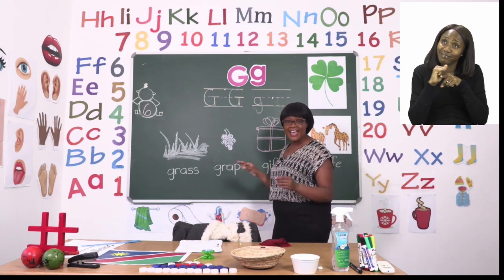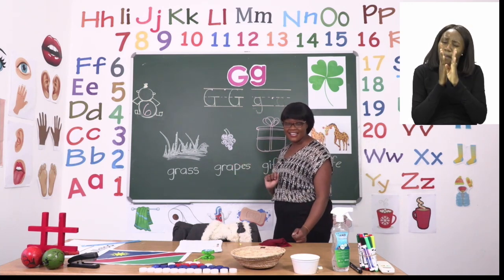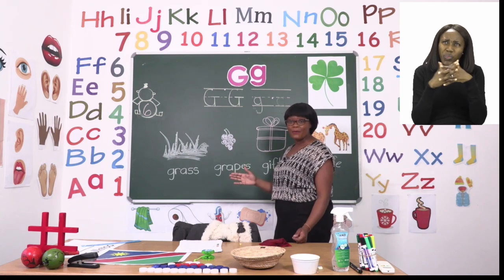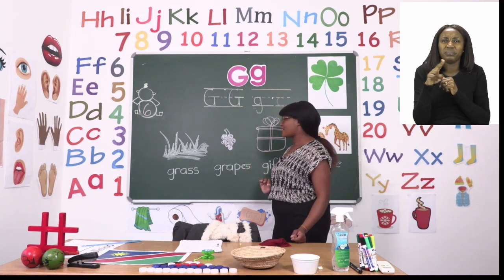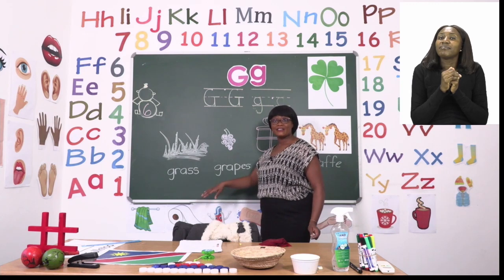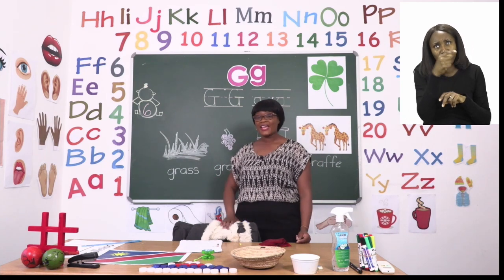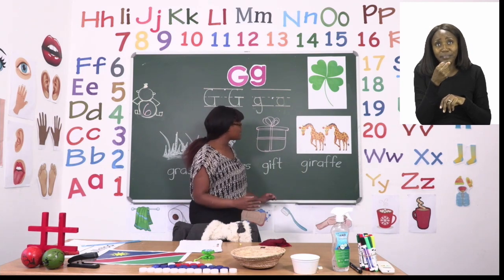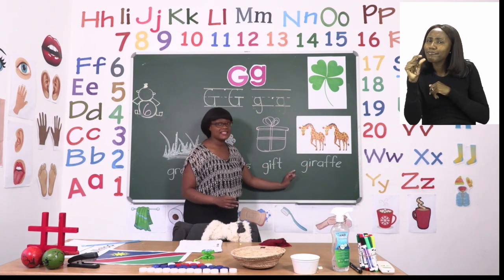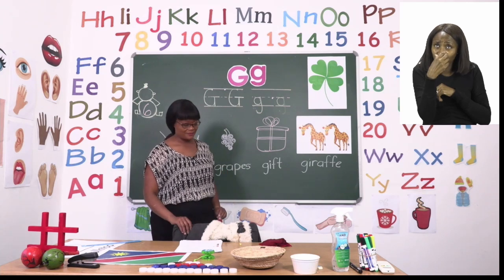Use the dots and especially where you are starting. When you're done with that one, please can you complete your exercise by finding the items that have G in them. And then for the sentence, you need to circle all the words that have G at the beginning.